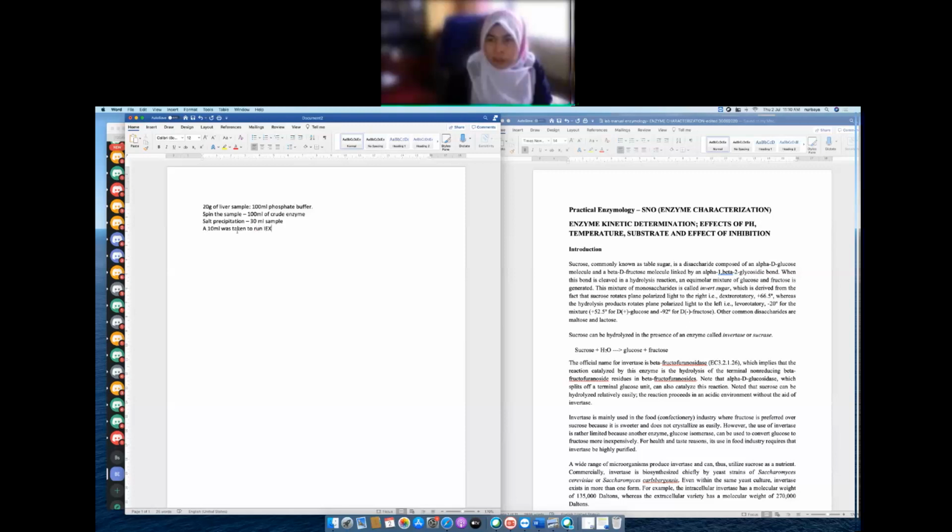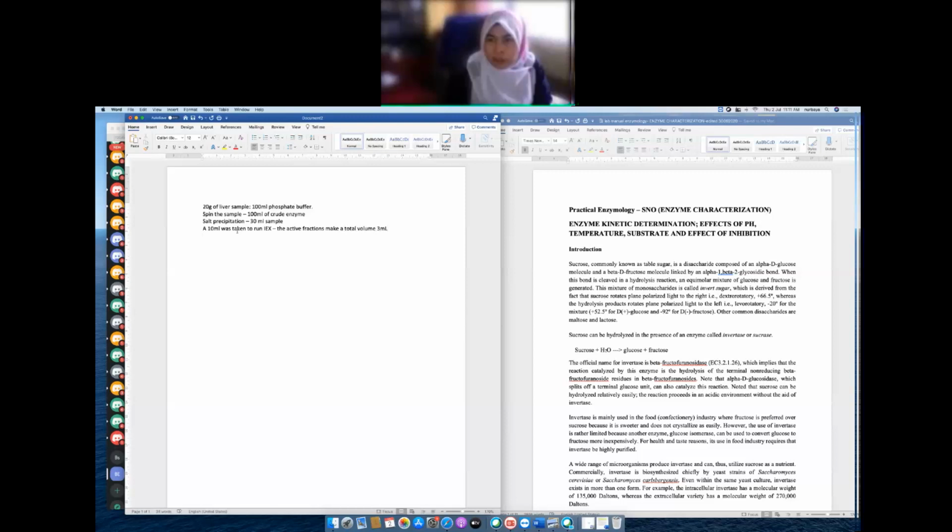And then the active fraction made a total volume of around 3 ml. It is 3 ml for the active fraction.